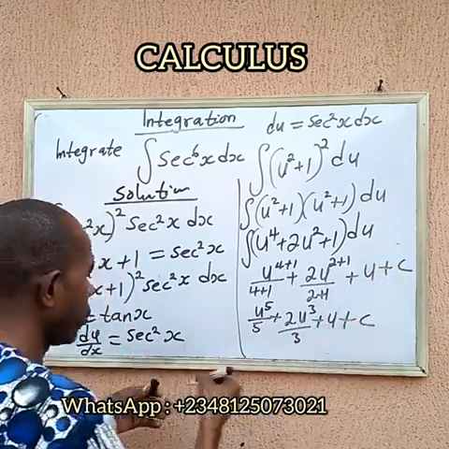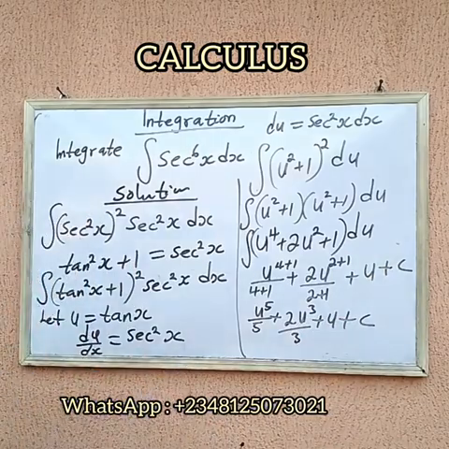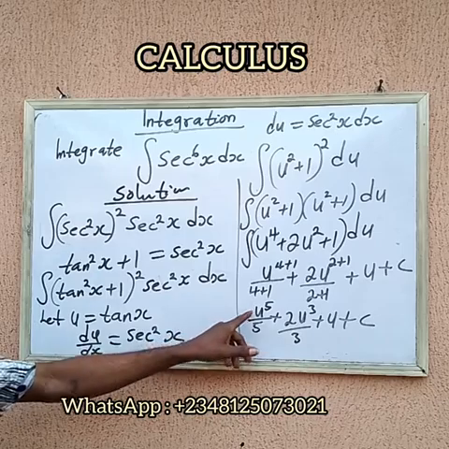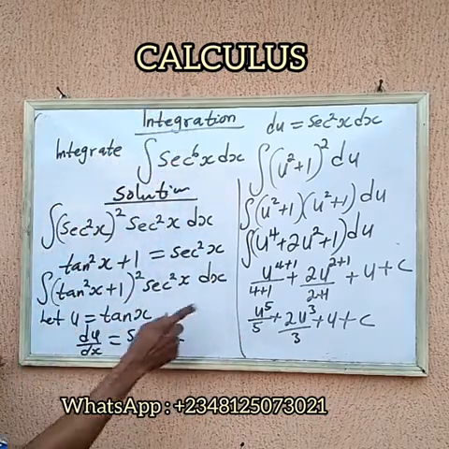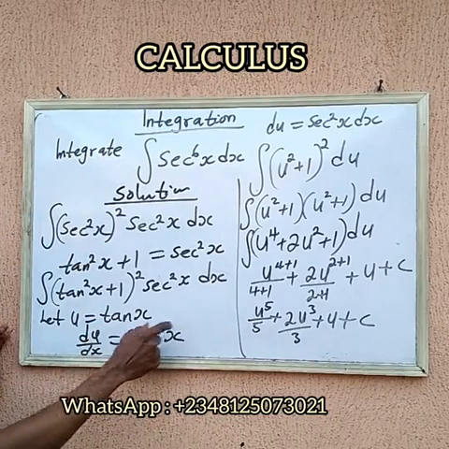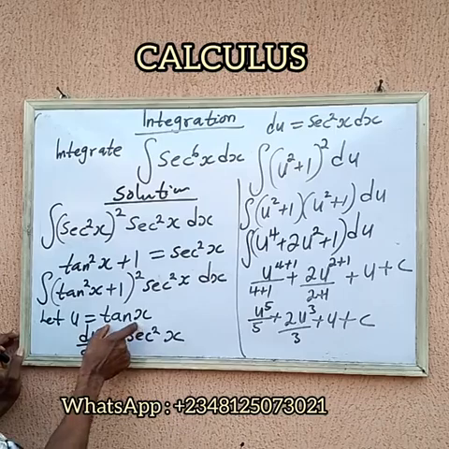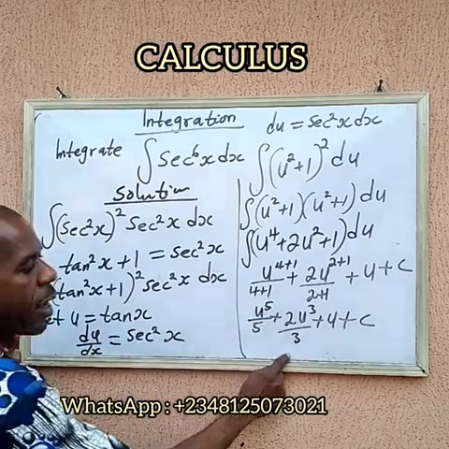Of course, you can remember that our u here is not given to us in the question. So our u is this one, tan x. So we are going to substitute tan x for u in this last expression.